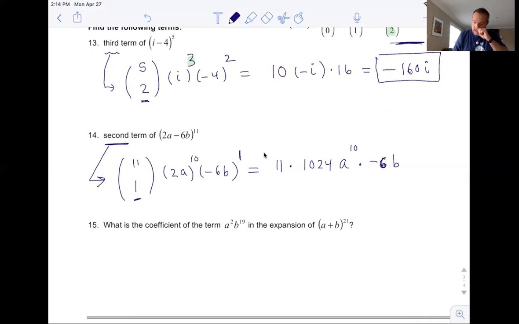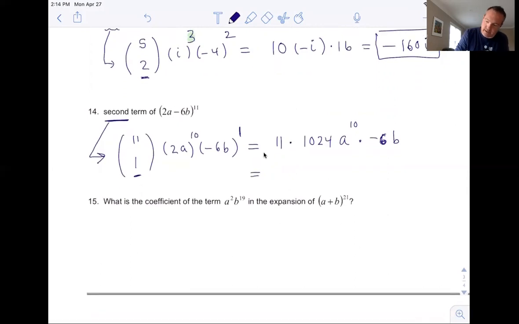If I multiply those, of course, those numbers are huge, but I'll get a negative 67,584. Again, why is the number so big? Because it was the 11th power. Once your powers get big, your coefficients are just going to automatically get big. But the powers are pretty easy, a to the 10th b.